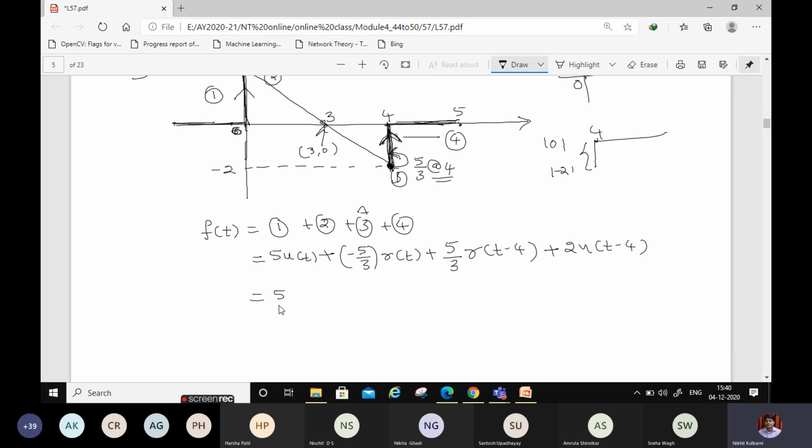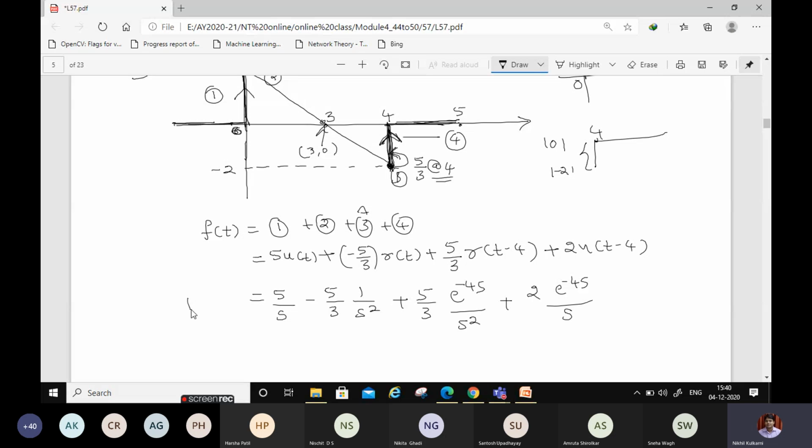So this will be 5 by s, this is minus 5 by 3 into 1 by s square, plus 5 by 3 e to the power minus 4s divided by s square, plus 2 into e to the power minus 4s divided by s.